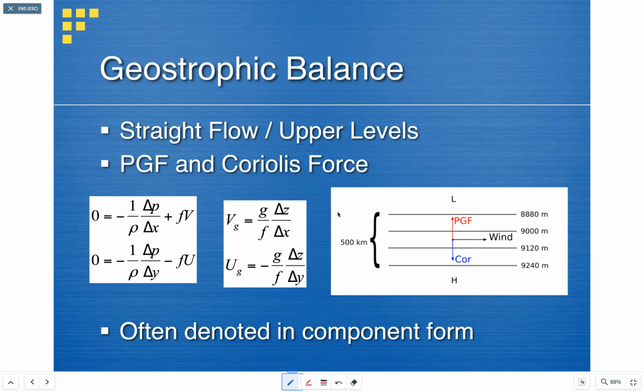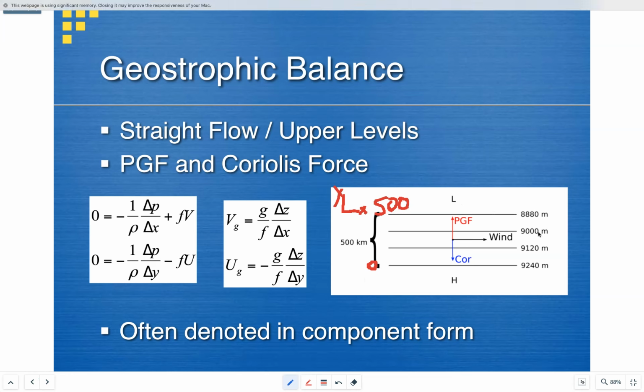And let's go ahead and draw that out. We can assume that if we have an XY plot here, X and Y, here might be 0 on our X. Here would be 500 kilometers, and the 0 on our Y and 500 kilometers. And we would want to make sure we do our differencing in exactly that manner.